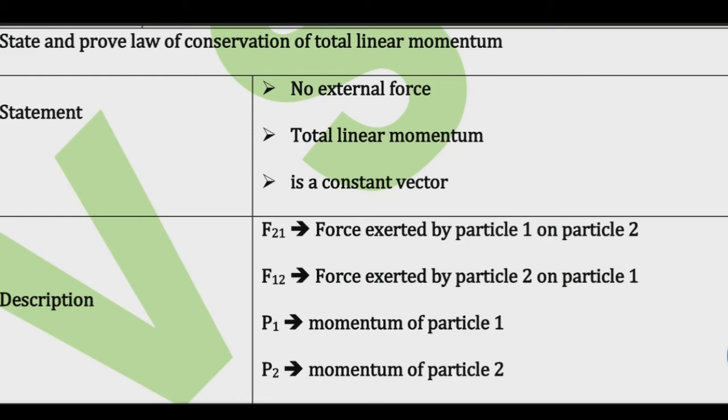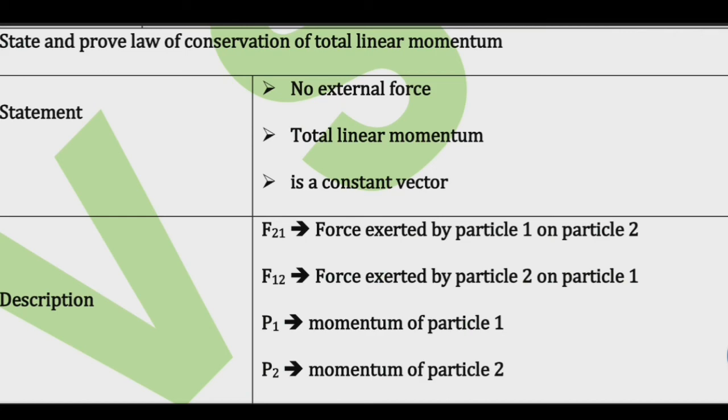Particle 1 exerts force F21 on particle 2, and particle 2 exerts an exactly equal and opposite force F12 vector on particle 1, according to Newton's third law.